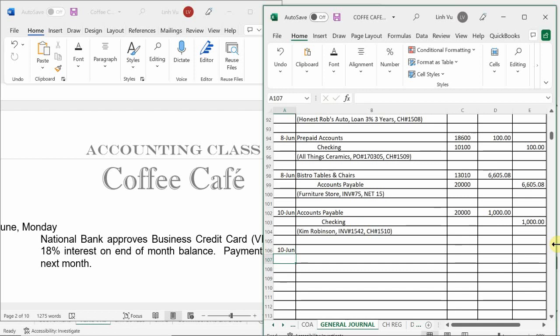What do I do with this transaction here? I got approved for a credit card for $10,000.